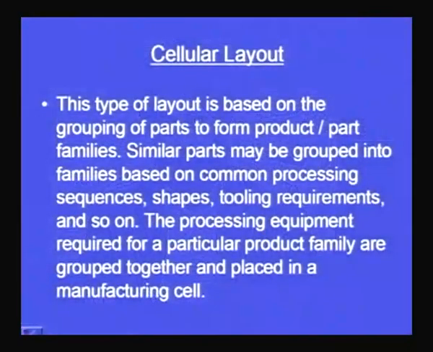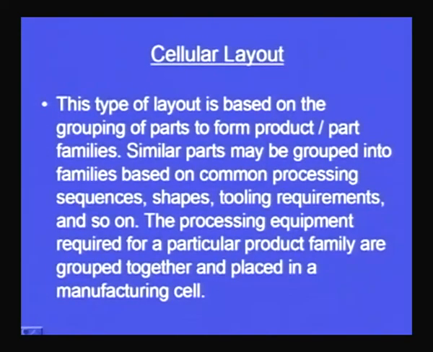The second criterion, of which I already gave you a brief introduction, is the shape. All the circular parts may require the same types of operations, so they can be clubbed together into one part family. Similarly, all components having similar geometrical features can be clubbed together.